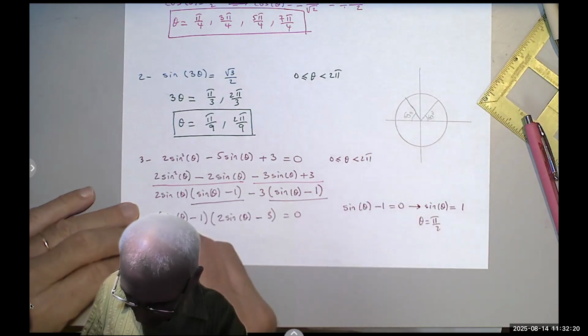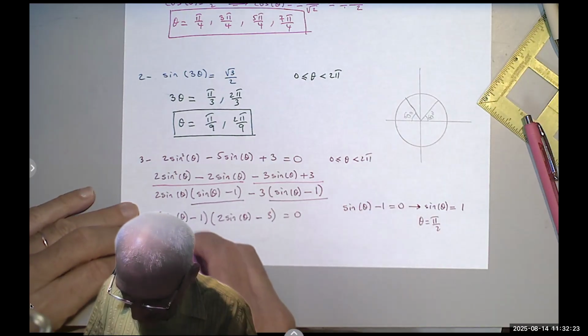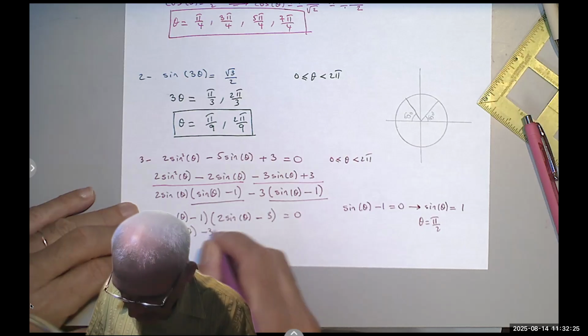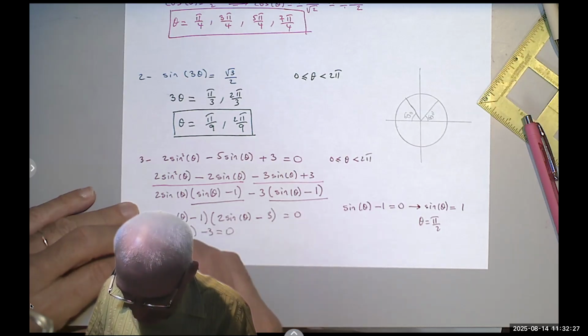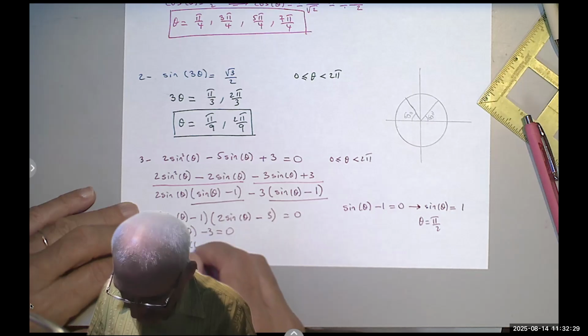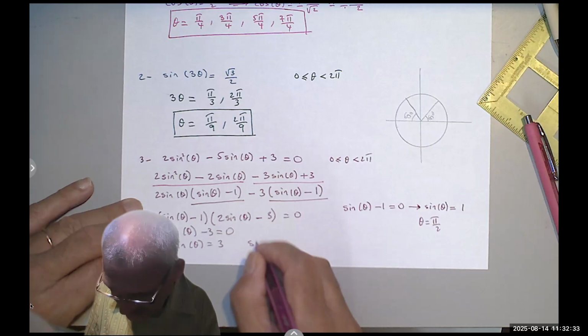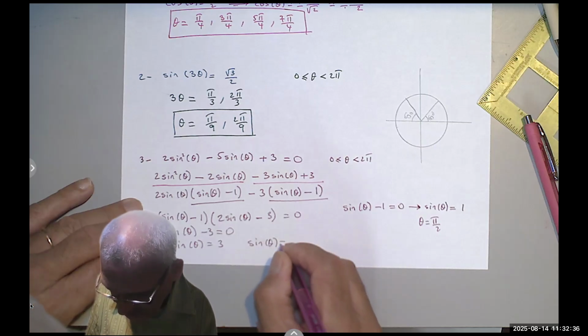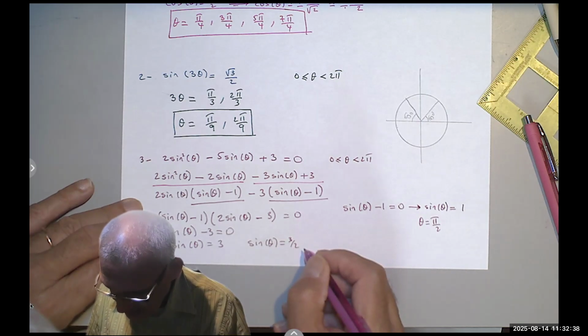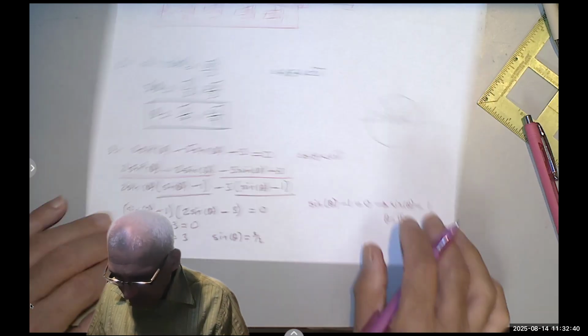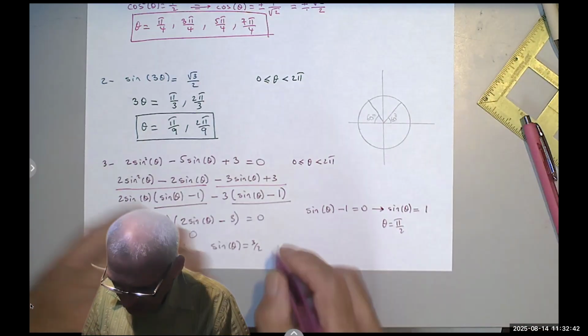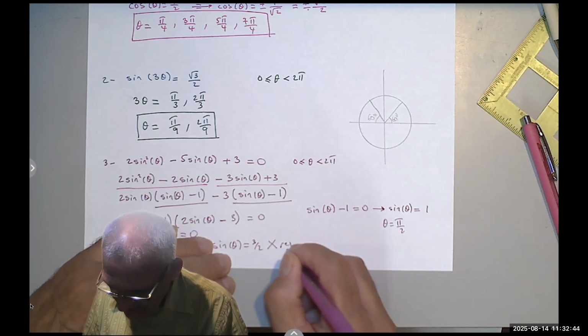Or 2 sine theta minus 3 equals 0, which means 2 sine theta, if I add 3 to both sides, equals 3. Then I divide by 2, so I get sine theta equals 3 halves. The sine cannot be more than 1, so reject it. Guess what?